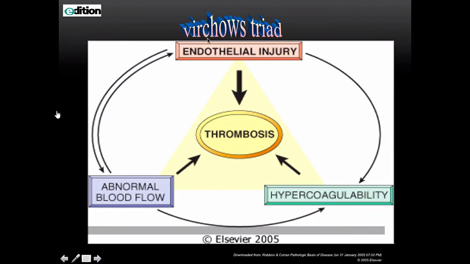And the most important one is endothelial injury. No? Because according to the different proponents, kung walang injury ang endothelium, walang thrombosis. Kasi hindi ka man magkakaroon ng abnormal blood flow and hypercoagulability kung wala kang endothelial injury. So endothelial injury is the most important component of the Virchow's triad.